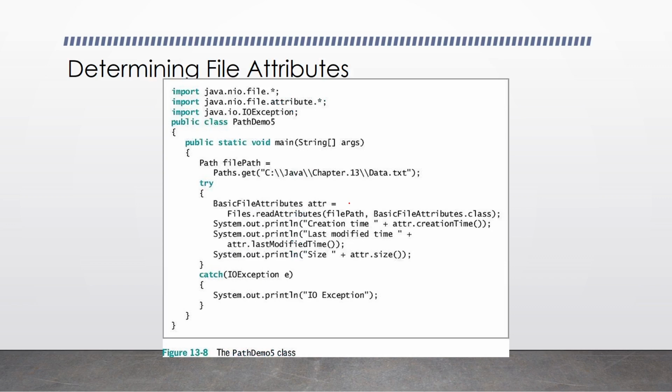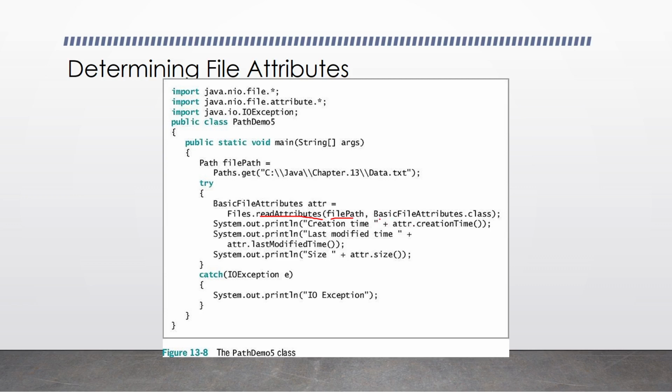Now, in determining the file attributes, you can use the readAttributes method. Okay, so we have here the readAttributes method of the Files class to retrieve useful information about a file. The method takes two arguments, okay, a Path object and the other one is this BasicFileAttributes.class.